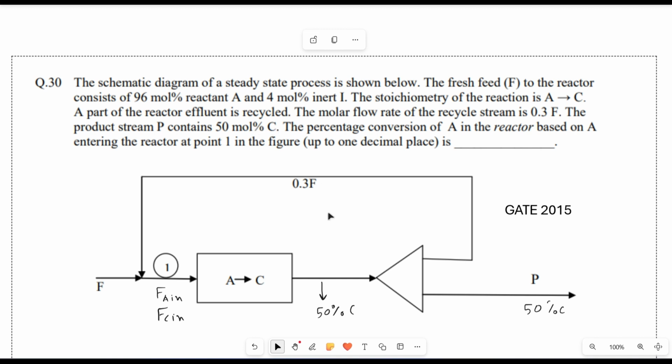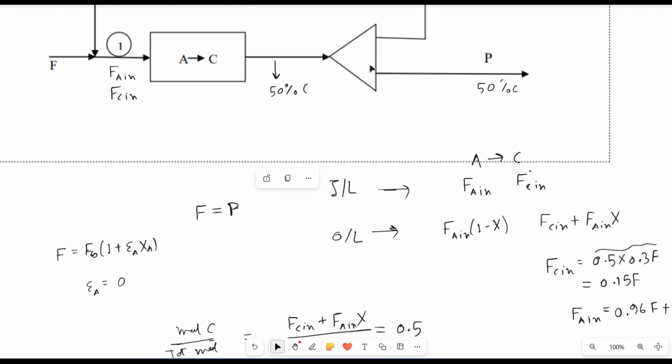In the recycle part, 50% is C, and inert is 4 mole percent. Now if you do a mole balance of the inert, if 4% is present at the inlet, the outlet will also have 4%.